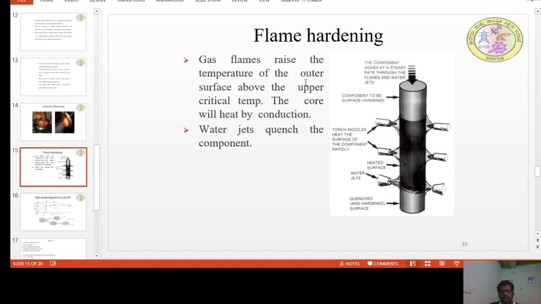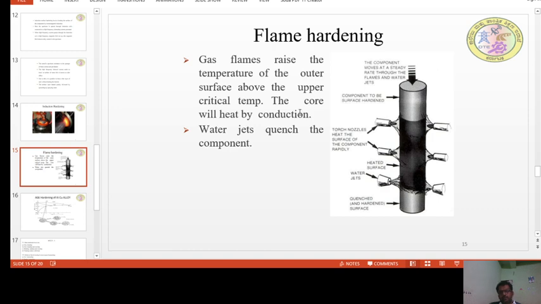The flame heats the surface, and once the required temperature is obtained, the water jet sprays the water and results in quenching. So this method is for components which are long, like guideways and rails and other things.